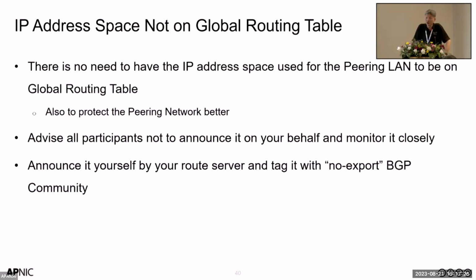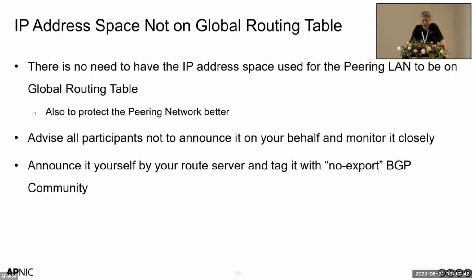But sometimes your participant would announce your network out with their AS number. In that case, you need to ask them to stop doing it. And of course, you need to monitor it closely.